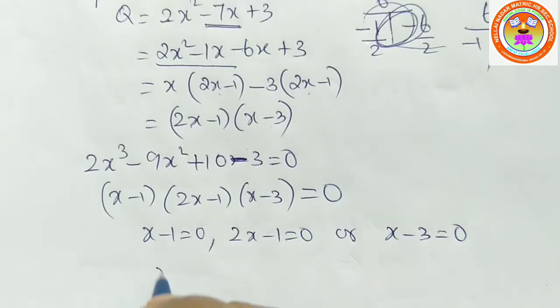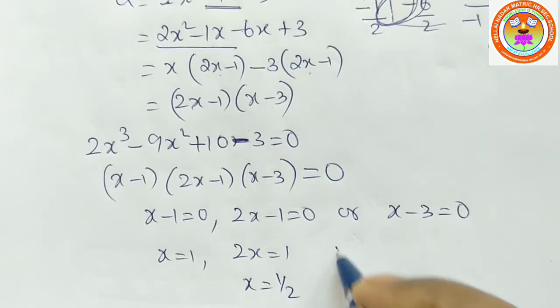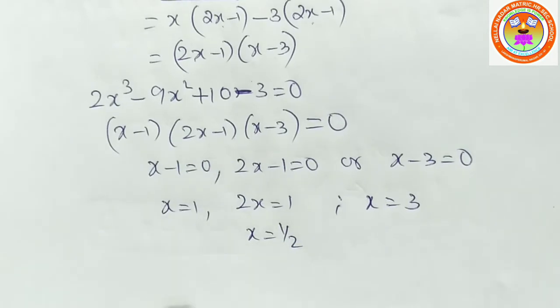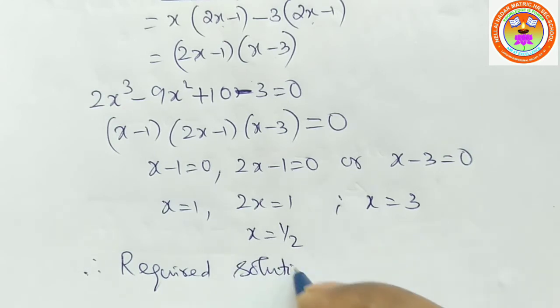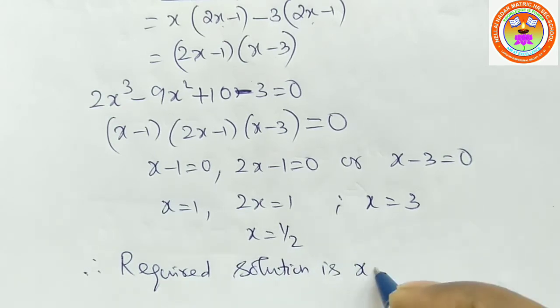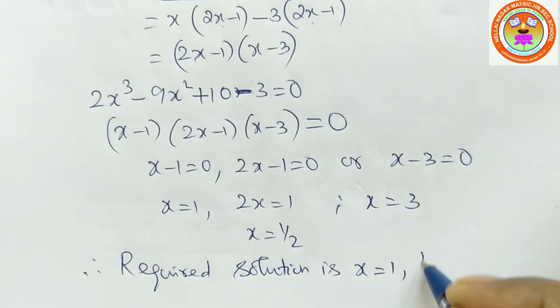That is x is equal to 1. Here we will get 2x is equal to 1, so x is equal to 1 by 2, and x is equal to 3. Therefore, the required solution is x is equal to 1, x is equal to 1 by 2 and 3.